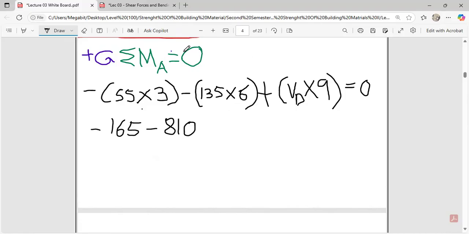Also, VD times 9 is going to give you 9 VD, and you bring it is equal to 0 over here.